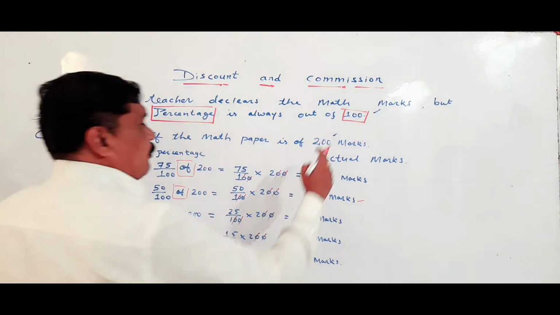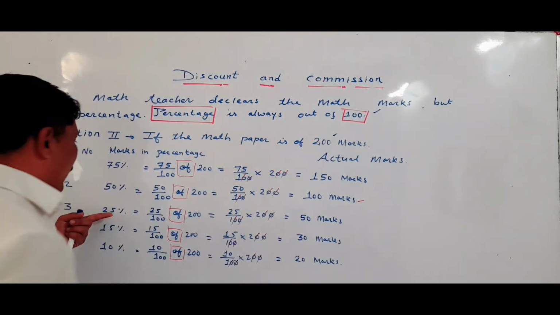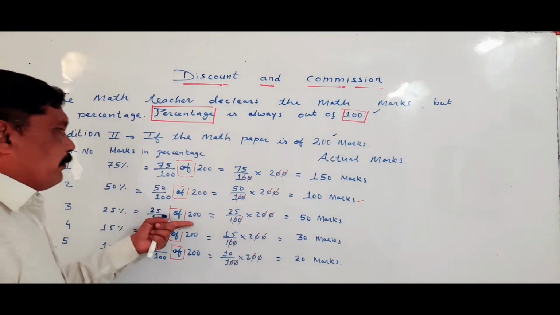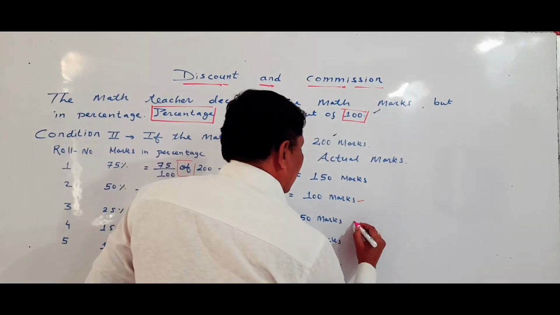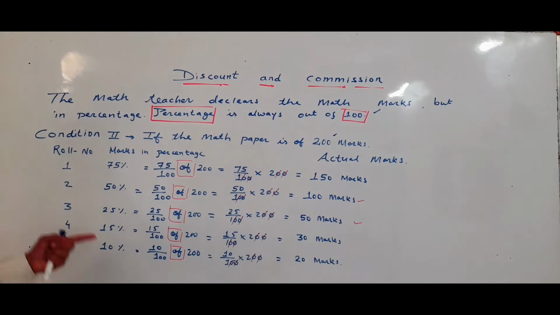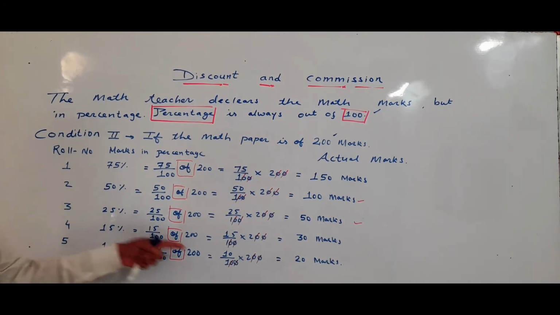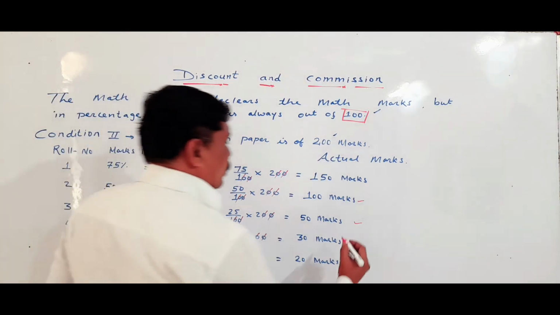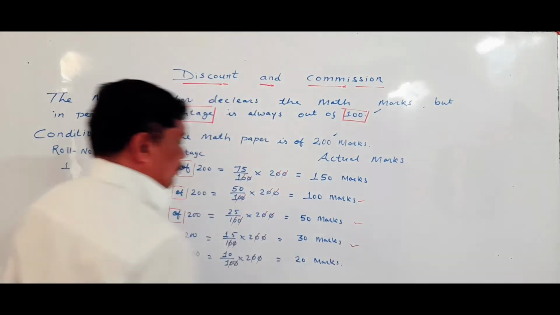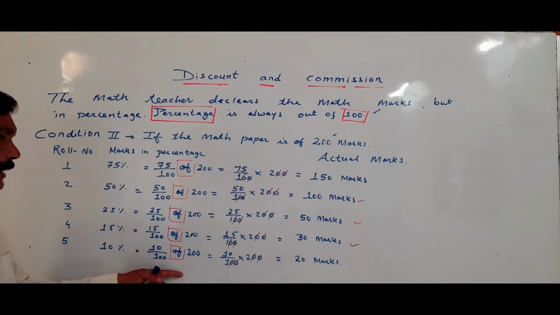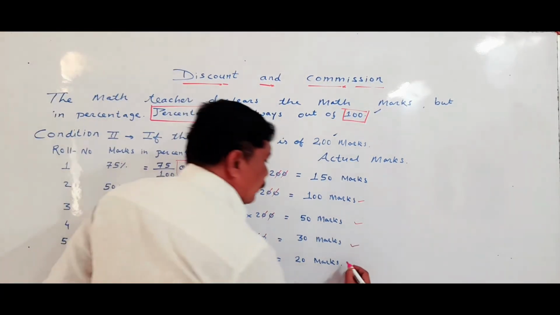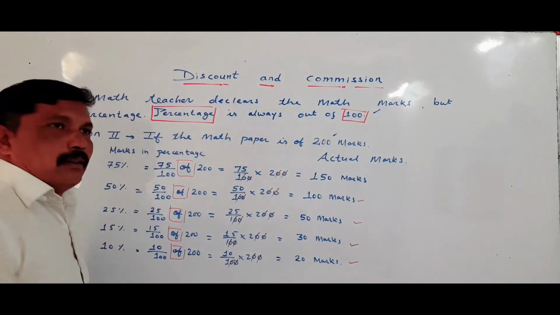If the paper is of 200 marks, then 25% of 200 is 50 marks. If roll number 4 has scored 15% of 200, it means he has got 30 marks. Roll number 5 has got 10% of 200 marks, it means he got 20 marks.